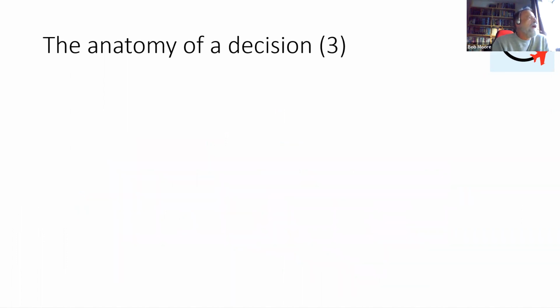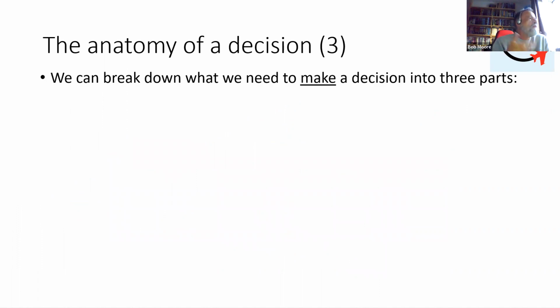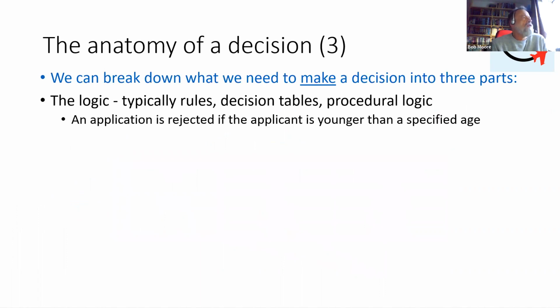If we think about how we make decisions, then we can break down what we need to make a decision into three separate parts. There's the logic, which will typically be things like rules or decision tables, or it might be procedural logic, or it might be a neural network. So in the example that we looked at, an application is rejected if the applicant is younger than some specified age.